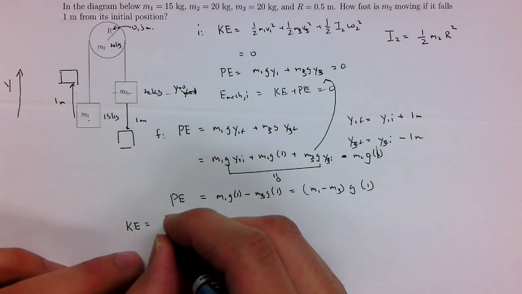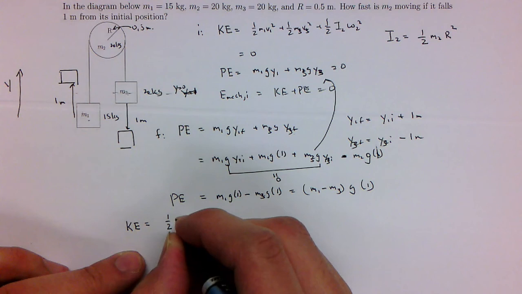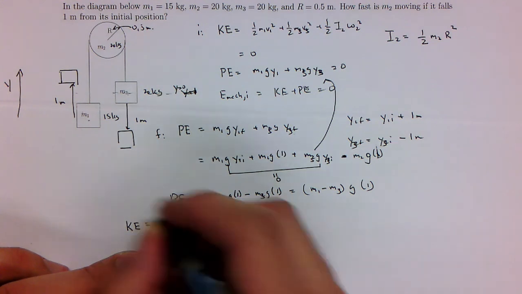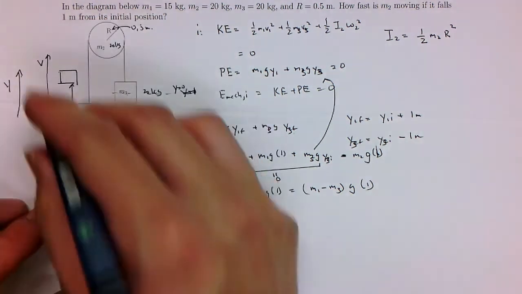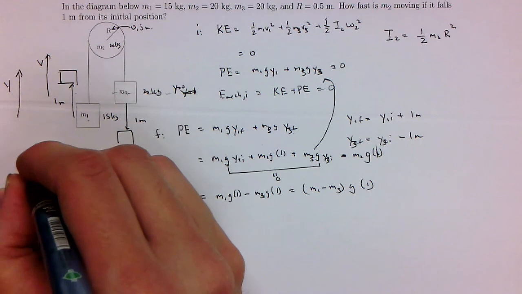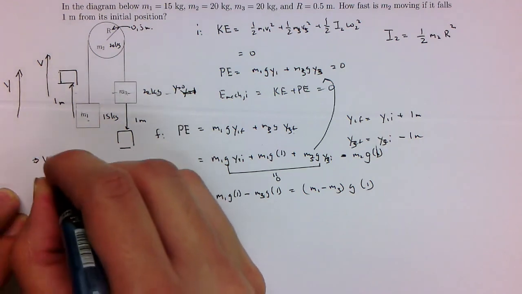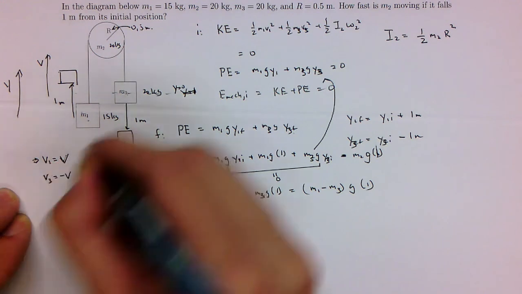Okay. So in that case, we have 1/2 m1 times v1. Now, there's going to be an overall v. If that's pointing that way, then v1 is equal to v, whatever that v is. V3 is equal to minus v because this is falling.